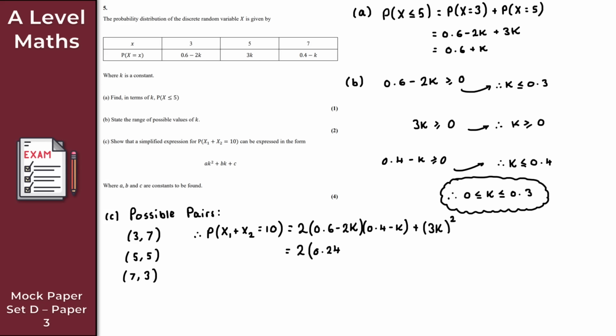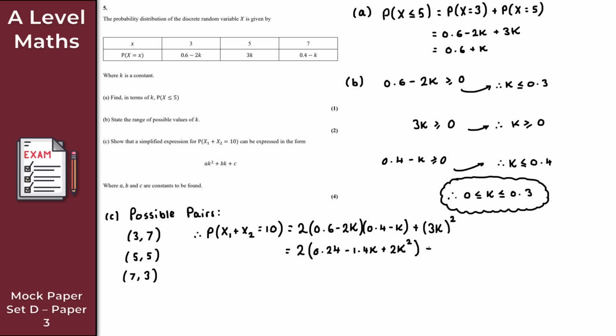Yep, it's minus 1.4k there. And then minus 2k times minus k, that is plus 2k squared. So obviously, just be careful with your signs, right? It is easy to trip up there, like so. And then 3k times by itself again, as I've already mentioned, that is 9k squared.